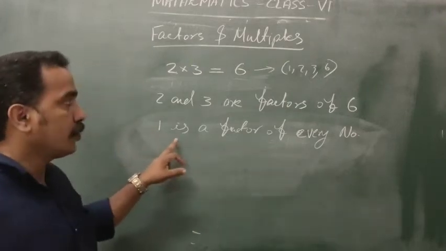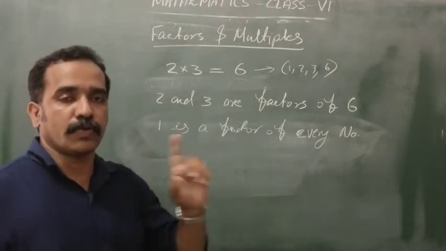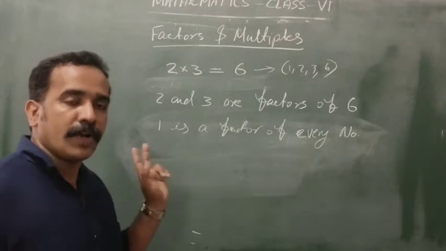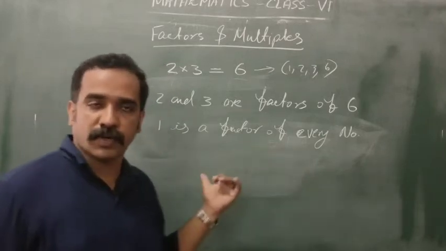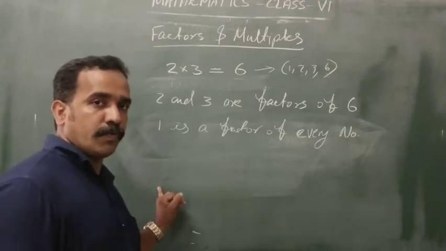So 1 into 2 is equal to 2. So 1 is a factor of 2. 1 into 1 is equal to 1. So 1 is a factor of 1. 1 into 3 is equal to 3. So 1 is a factor of 3. 1 into 4 is equal to 4. So 1 is a factor of 4.